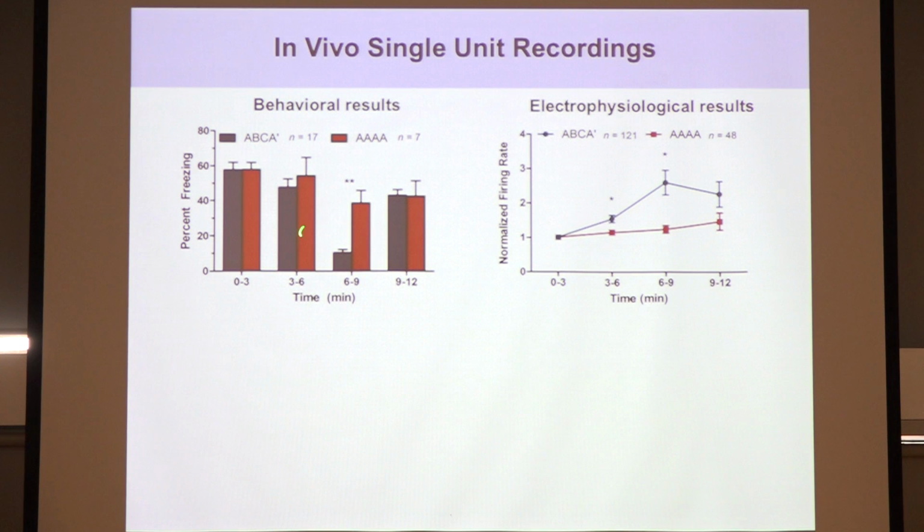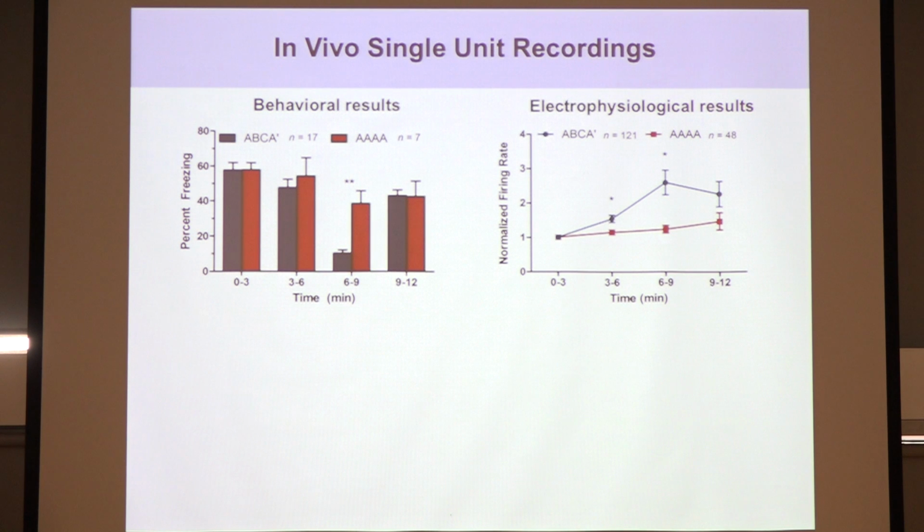So we have done recordings during the ABCA exposure and the AAAA exposure, and this is what we observed. So you have the normalized firing rate of the 121 neurons recorded in ABCA in blue, or 48 neurons recorded in AAAA. What we observed is that there was no significant change in the firing rate for the control group.